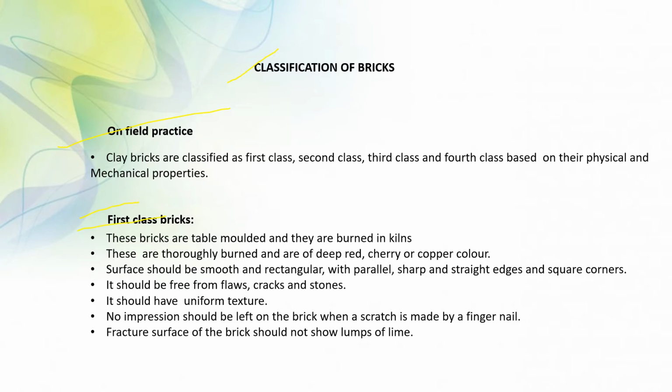These bricks are table molded and they are burned in kilns. They are thoroughly burned and of deep red, cherry or copper color. The surface should be smooth and rectangular, with parallel, sharp and straight edges and square corners. It should be free from flaws, cracks and stones. It should have uniform texture.